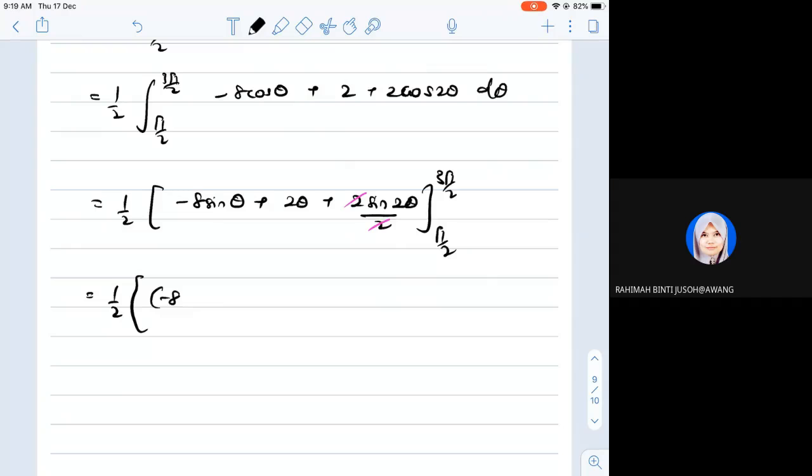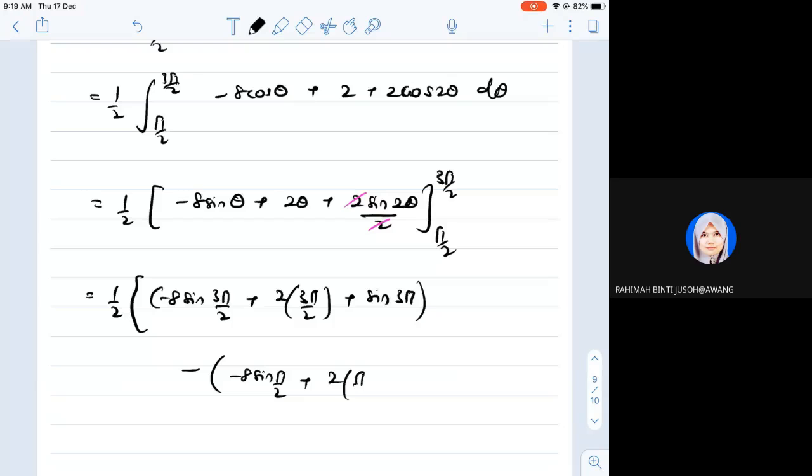Negative 8 sine 3 pi/2 plus 2 times 3 pi/2, sine 3 pi, minus, sine 2 times pi/2 is sine pi.